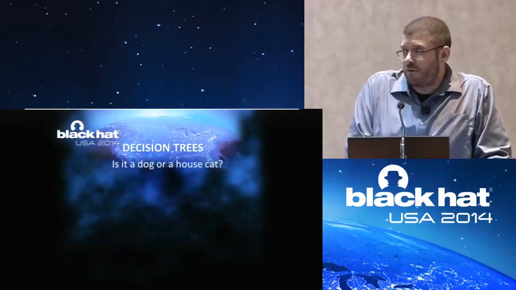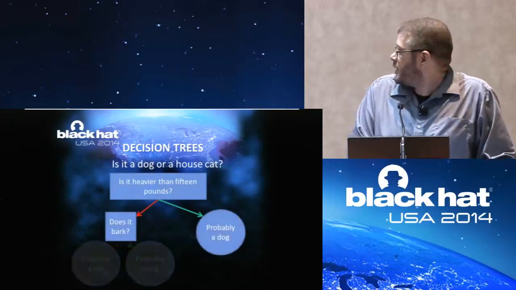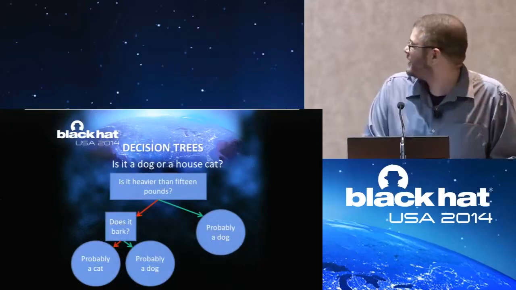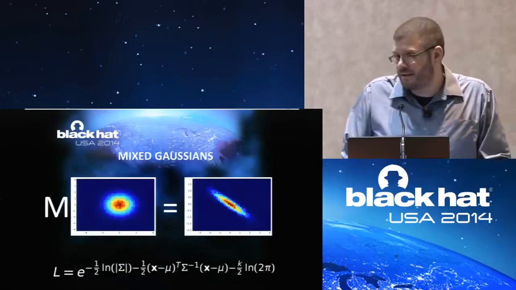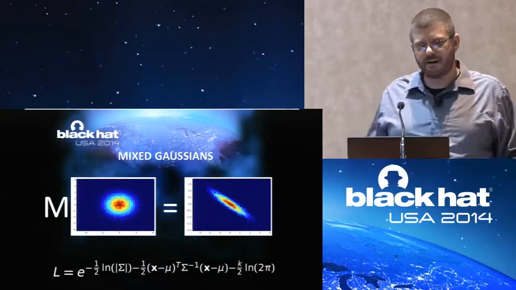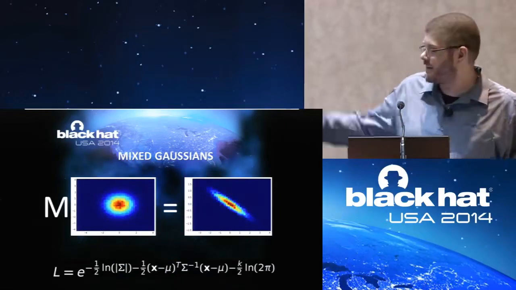So just a really quick review. I think everyone in here probably knows what a decision tree looks like, but in case you don't, it looks like that. Mixed Gaussians are a little bit different. In this, you assume that your data comes from a Gaussian distribution. In 2 dimensions, that looks like a disk on the left-hand side.